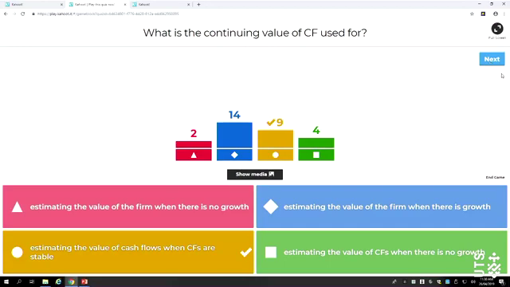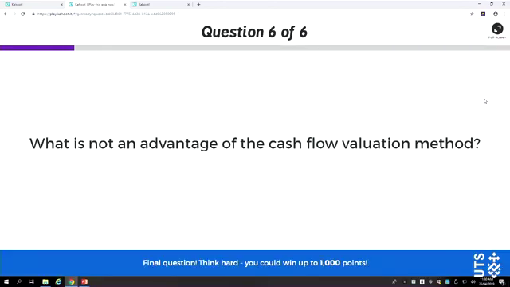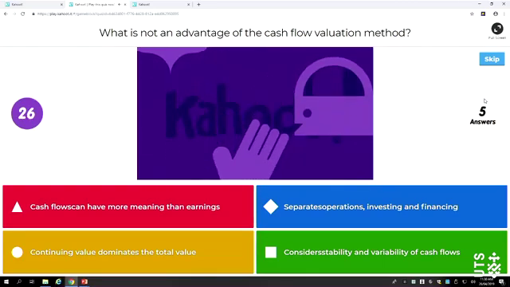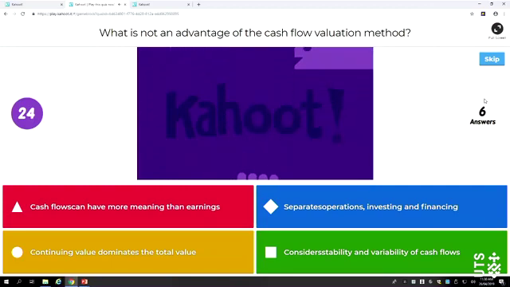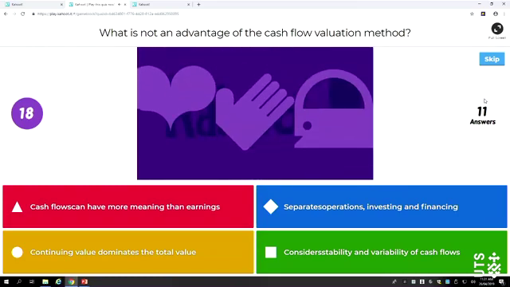All right. We have one last question. There's an issue with the spacebar in this question.